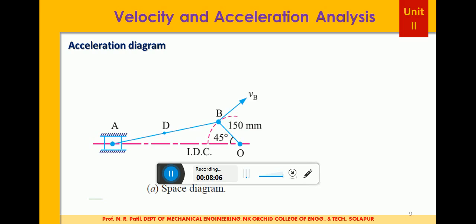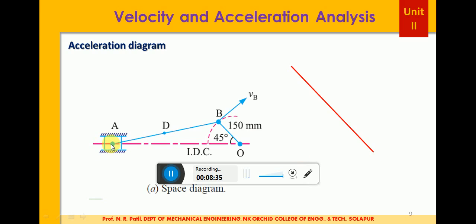You know the magnitude, and that component acts from B to O. So remember, this is B to O; you have to take the fixed point O here and draw this line. By taking the scale, you will get this line, and this is point B.